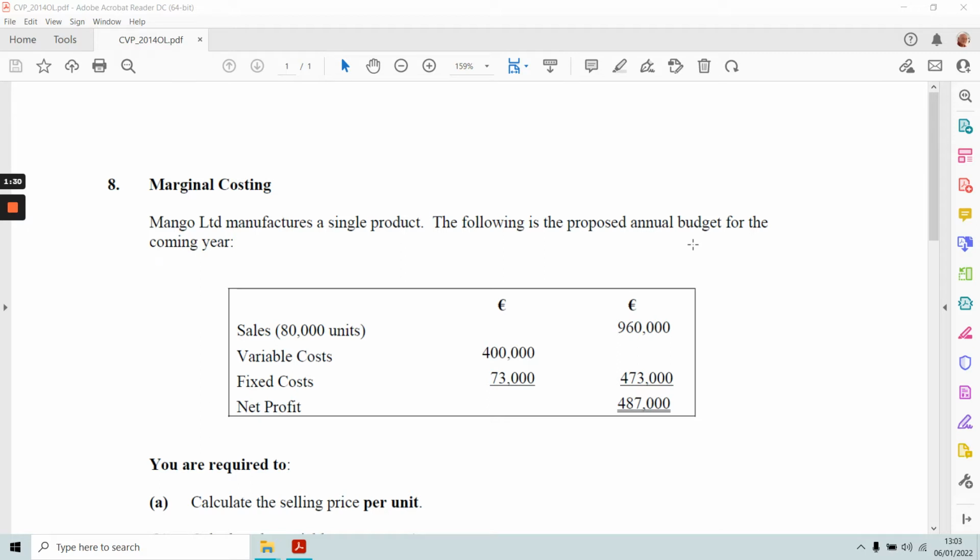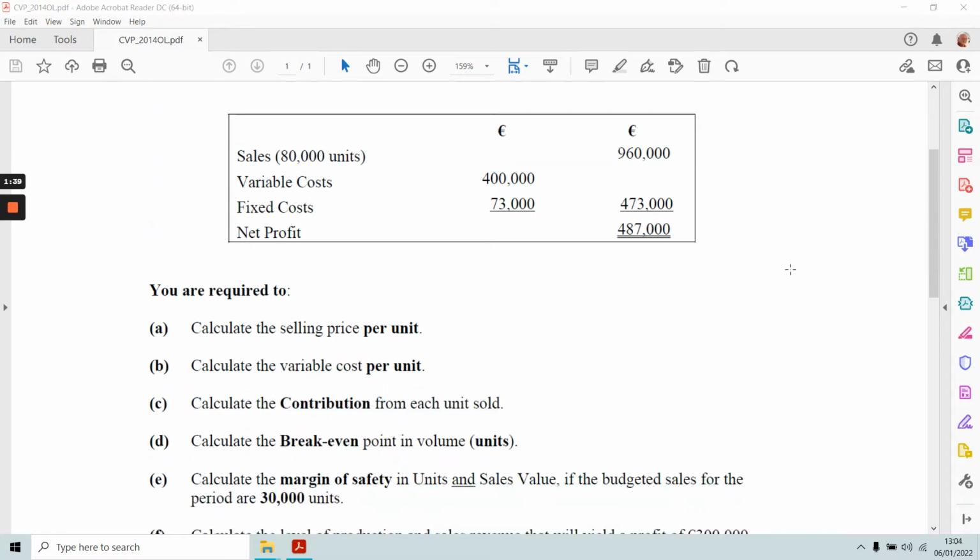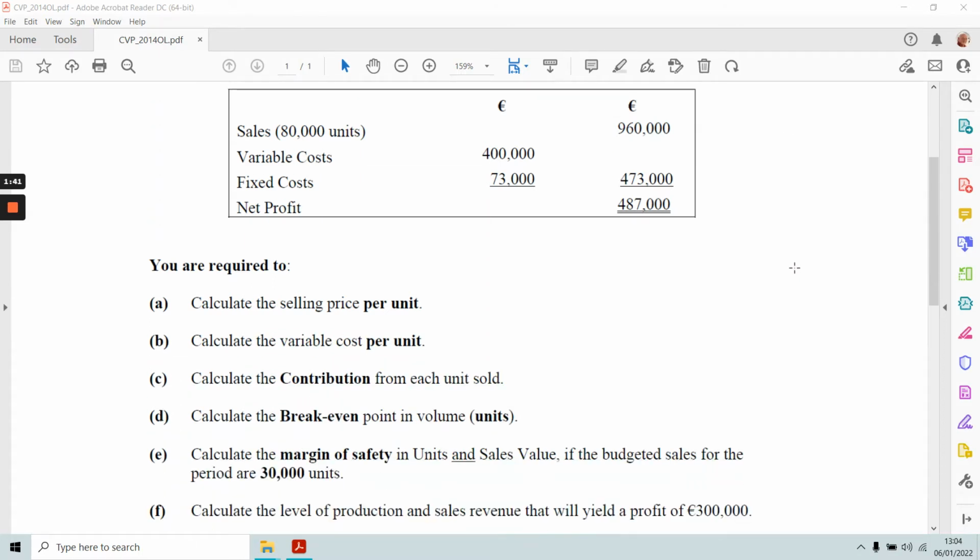You'll notice that these costs are divided into what they're calling variable costs and fixed costs. And then they go on and ask you to make a number of calculations. Calculating selling price, variable cost per unit, and so on.